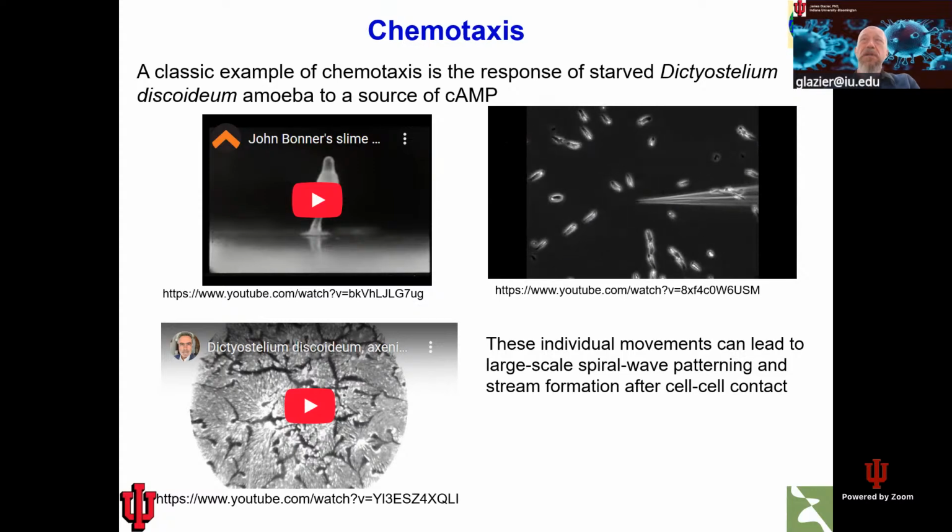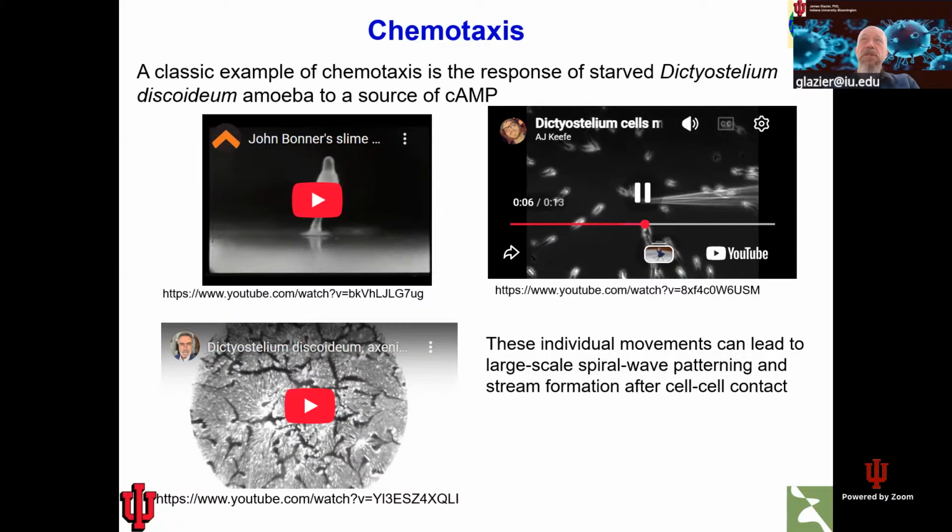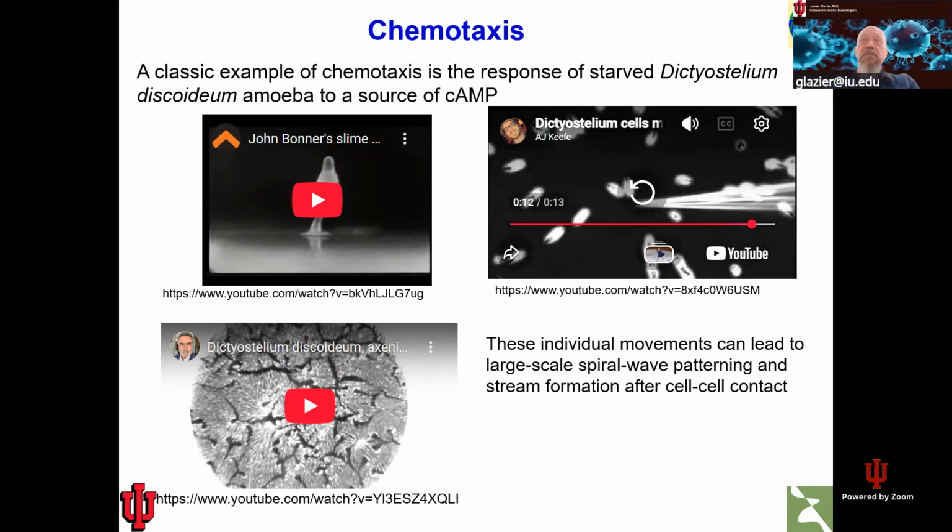In fact, if we had a little bit longer movie, you'd find that, and maybe these cells are not behaving normally, those cells would behave in a pulsatile way. They'd move and then stop, and then move and then stop.